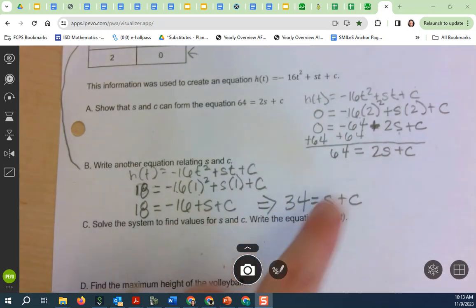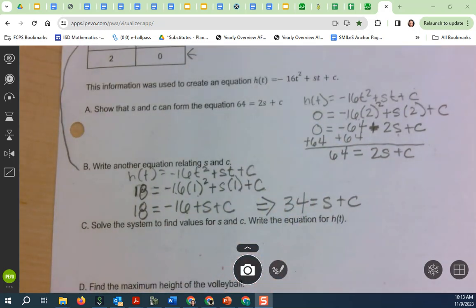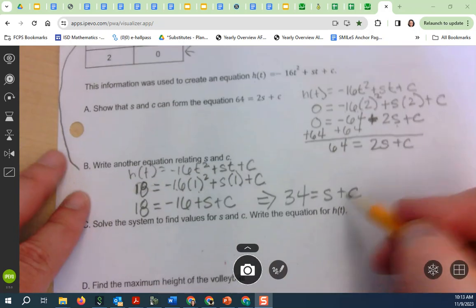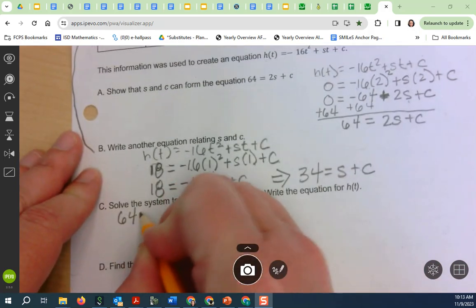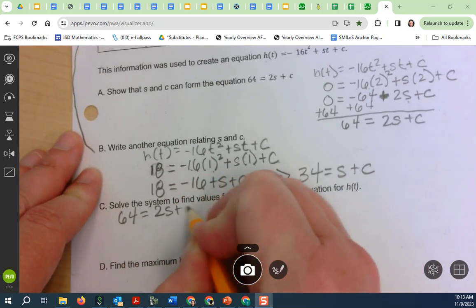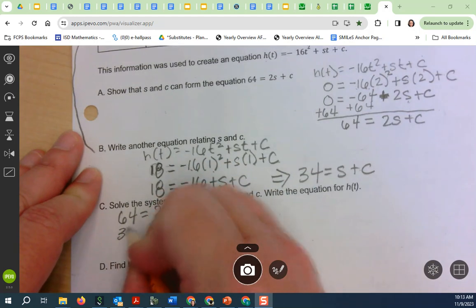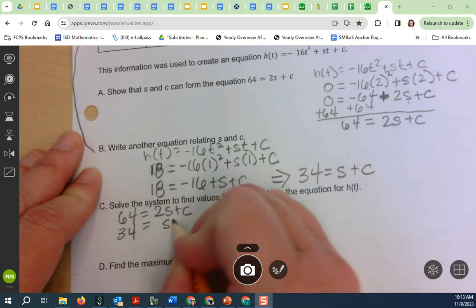And now I have two equations in terms of s and c, so now it says to solve the system. Now if you want to, you could use this as an opportunity to practice the matrices on your calculator. Or you could just solve it by hand because it's not that hard, right? I have these two equations, 64 equals 2s plus c, and 34 equals s plus c.